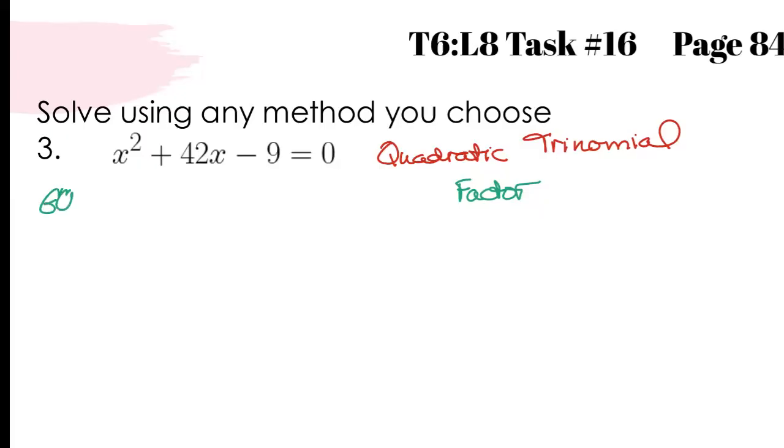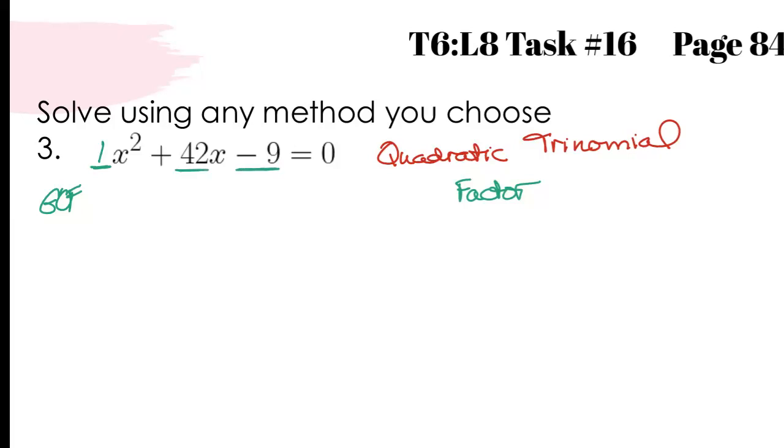Greatest common factor. What do I look at for greatest common factors? Well, you look at your coefficients and your constants. What's your coefficient here? 1. What's your coefficient here? 42.